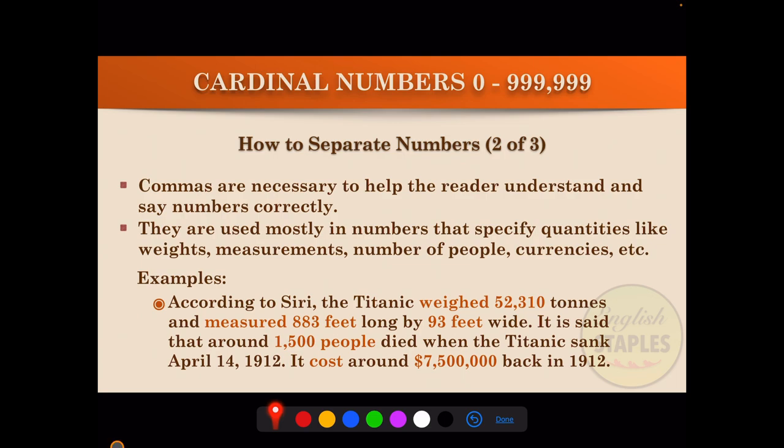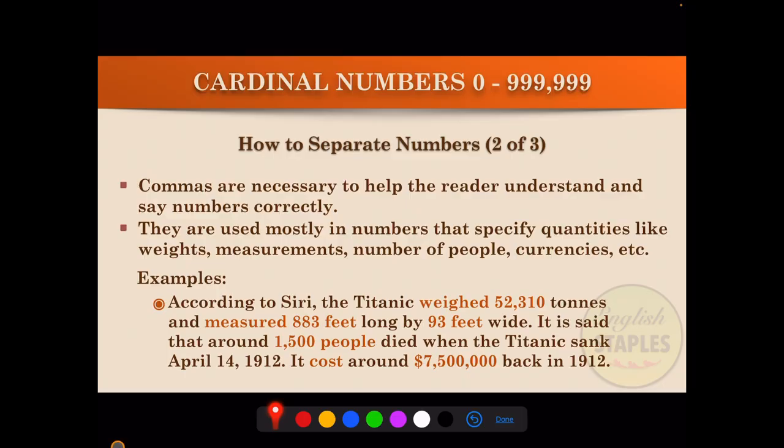It is said that around 1,500 people died when the Titanic sank April 14th, 1912. It cost around $7,500,000 back in 1912.